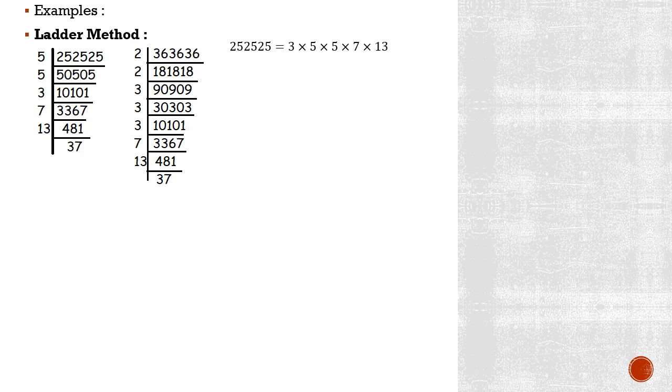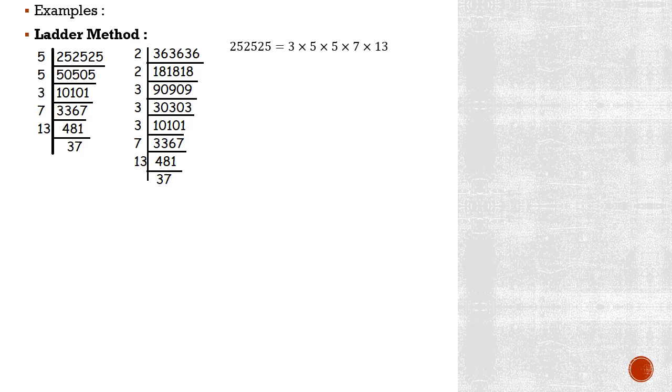Now this 10101 is again divisible by 3. So we get quotient as 3367. Again this 3367 is divisible by 7, so we get quotient as 481, and then 481 is divisible by 13, so we get 37. Remember that you start doing it in one sequence from the first prime number.